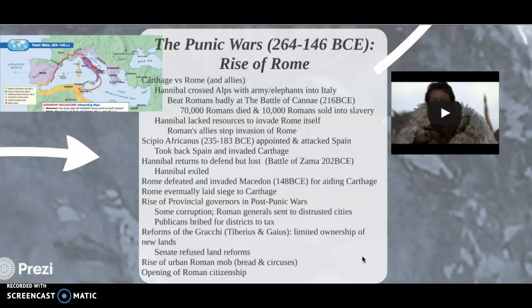You can see the notes there, the damage that does for Rome. It's a humiliating defeat, and it's just by the sheer force of Rome's allies that they're able to stay away from losing Rome itself.